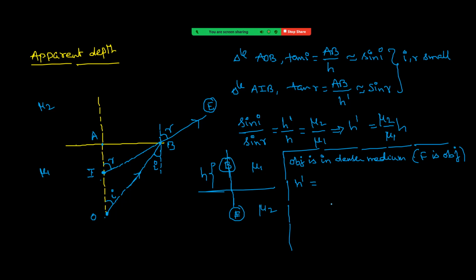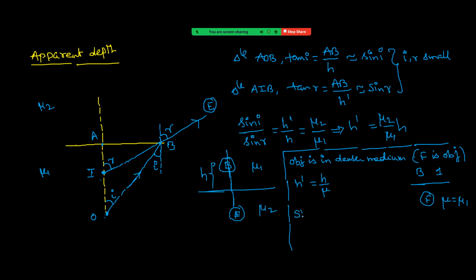Mu1 I am taking as mu. I will make a diagram here to avoid confusion. Fish, this is mu. Bird is in air, mu value is 1. So mu1 is mu, mu2 is 1. It is now h upon mu. Apparent depth equals real depth by mu.